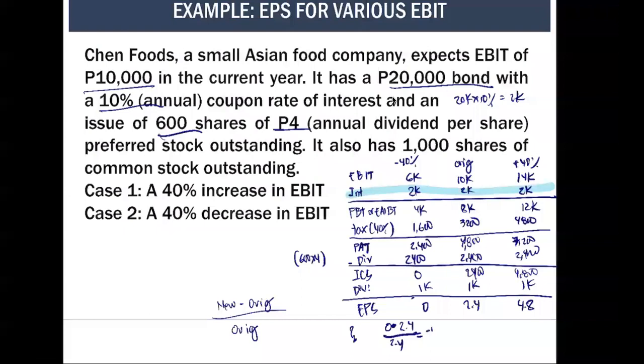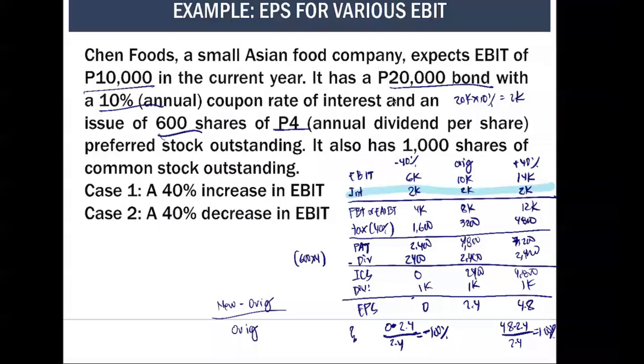So we have a decrease of 100%. How about for the 40% increase? This is 4.8 new less the original divided by 2.4. 4.8 less 2.4 divided by 2.4, 100% increase. Okay. So this is a decrease and an increase.